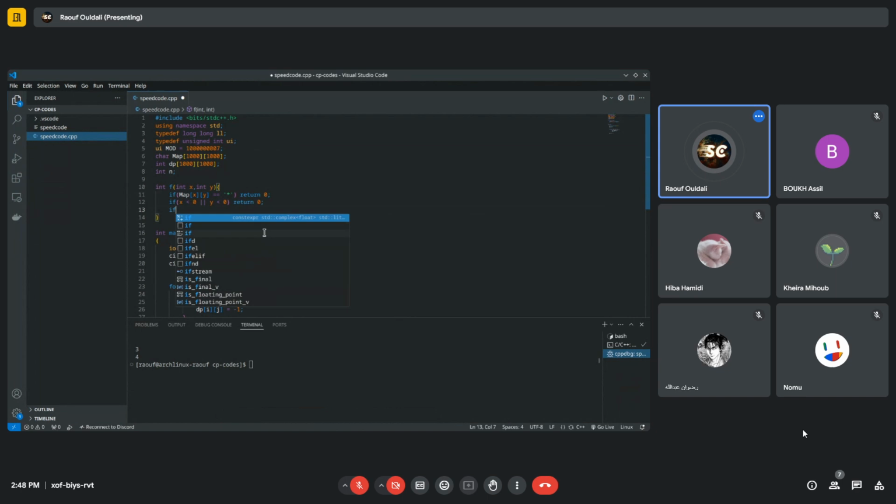Then if dp of x y is not -1, then we return it. Else, this is equal to f of x minus 1, y plus f of x, y minus 1. Okay, then we return it.